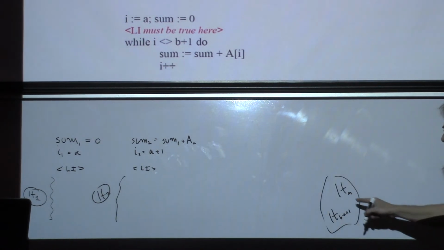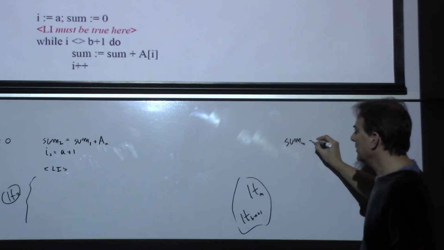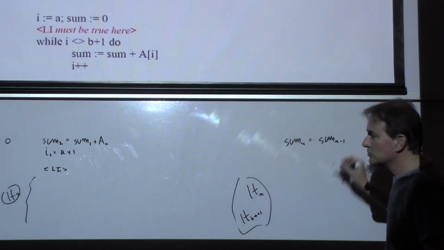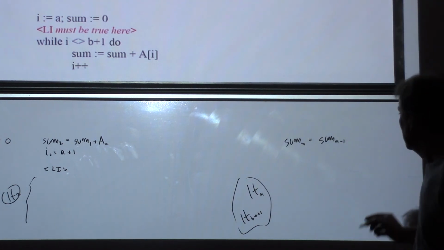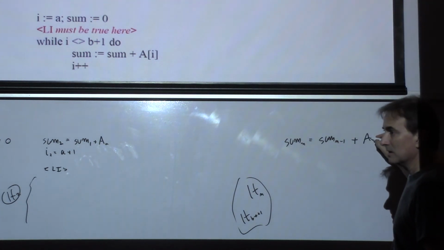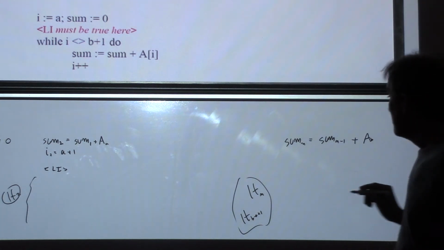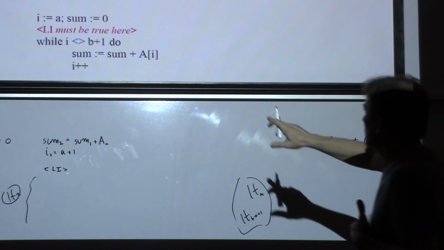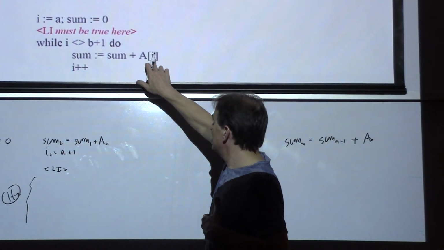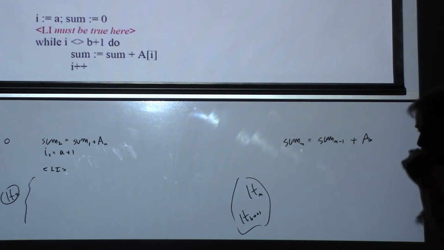After this iteration is done, sum of n will equal sum of n minus 1, the previous sum, plus A of B. Not B plus 1, B, because that's going to add the last element when I finally increments to b. It's going to be the previous sum plus A sub the last element b. This is the new version of sum, right?